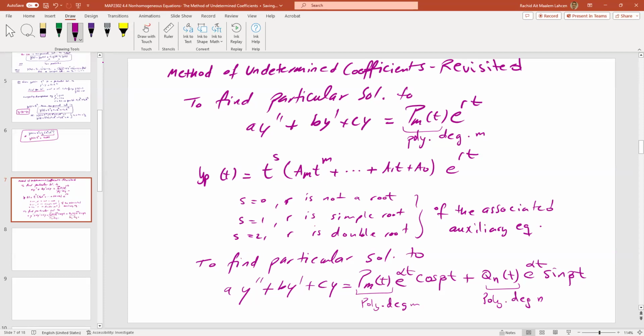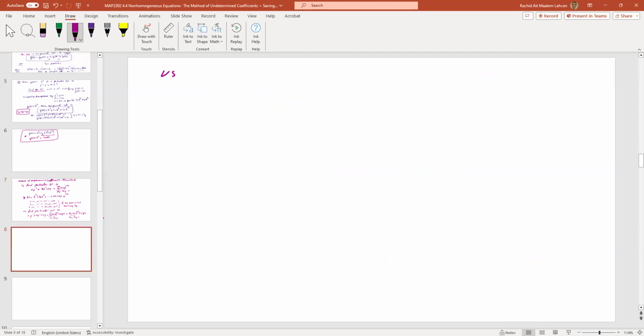What else? Then you can use the same thing for the particular solution, just like we did before, t to the power s, some polynomial k degree here.